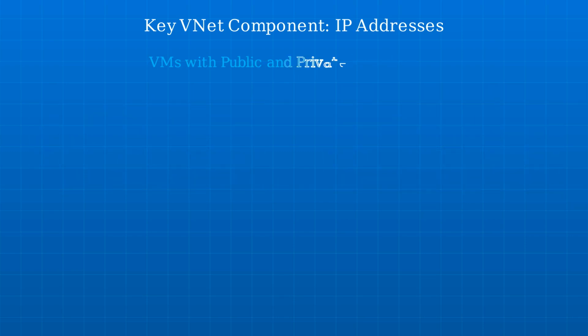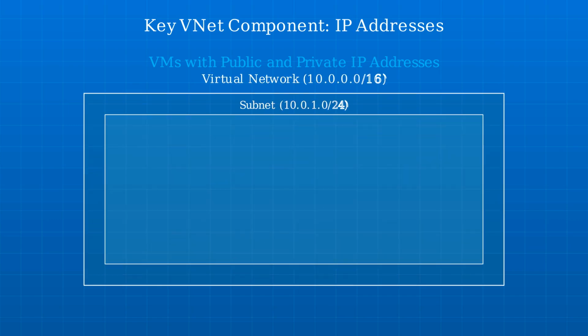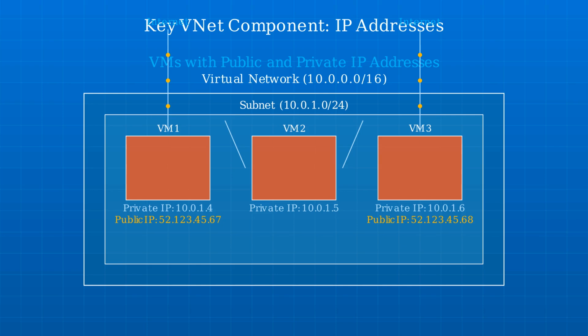Let's see how virtual machines use IP addresses in Azure. Here's a virtual network with a subnet containing 3 virtual machines. Each VM has a private IP address allocated from the subnet range, which is used for communication within the virtual network. Private IP addresses enable VMs to communicate with each other within the VNet.